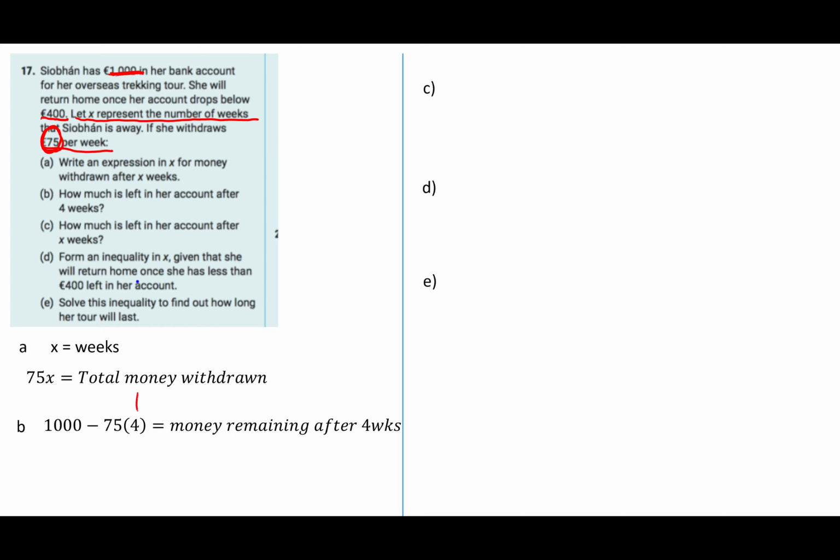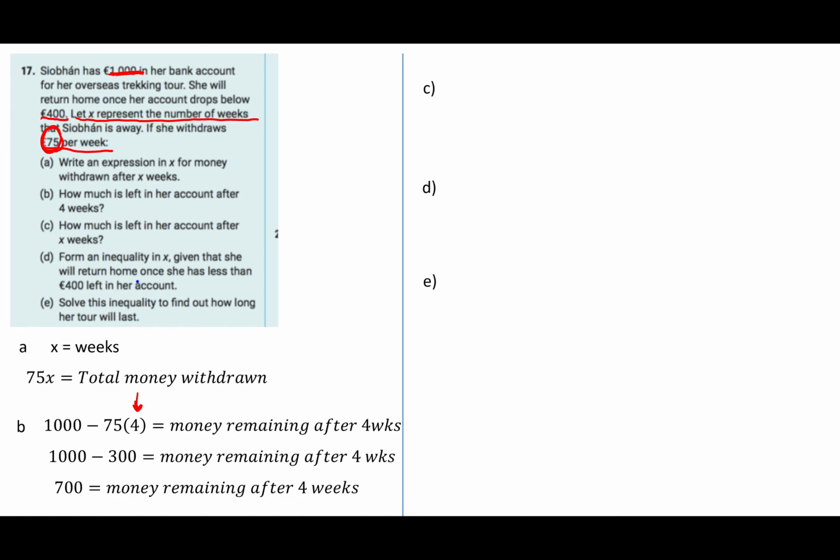She withdraws €75 4 times. This gives us 1,000 minus €300 is equal to the money remaining after 4 weeks. 1,000 minus 300 gives us 700. So €700 is the amount of money that remains after 4 weeks.